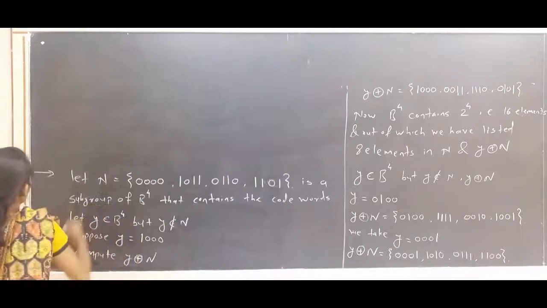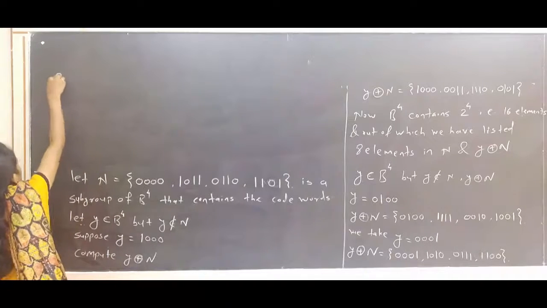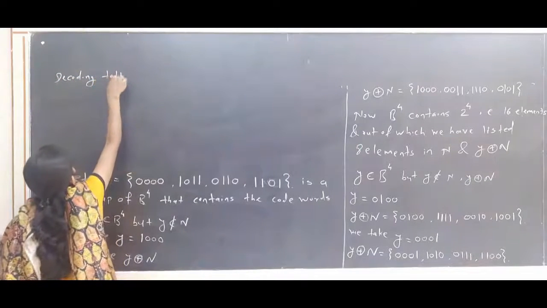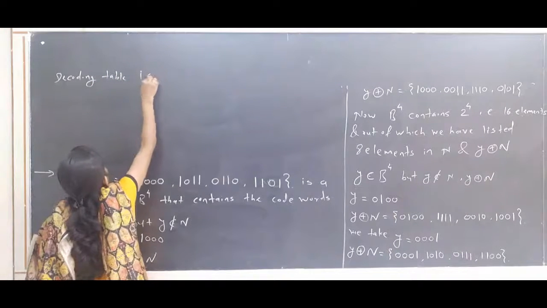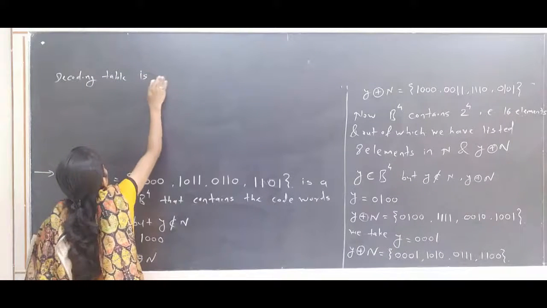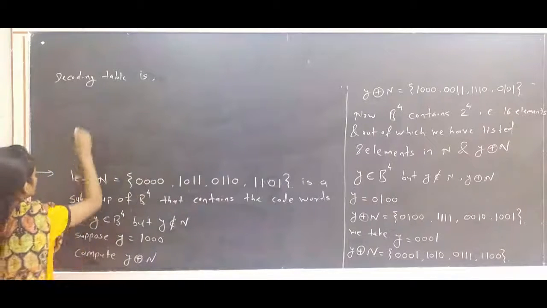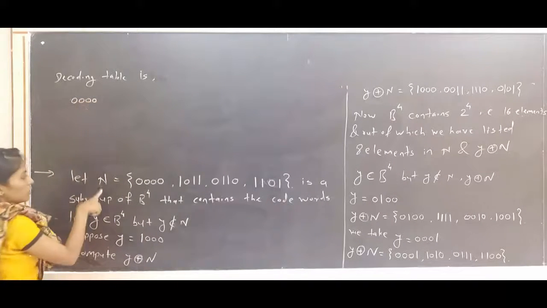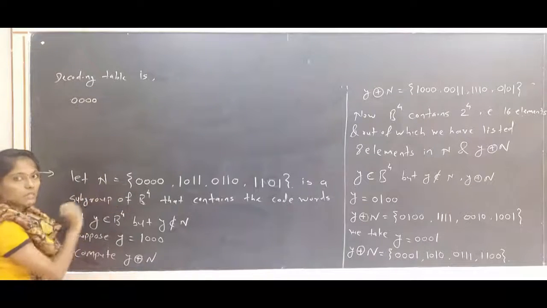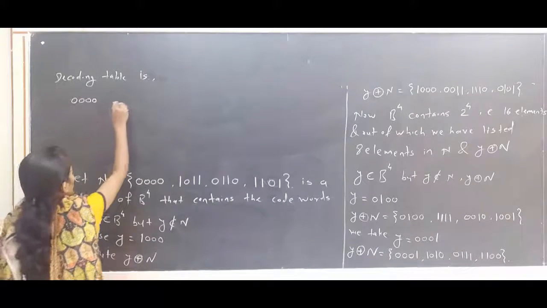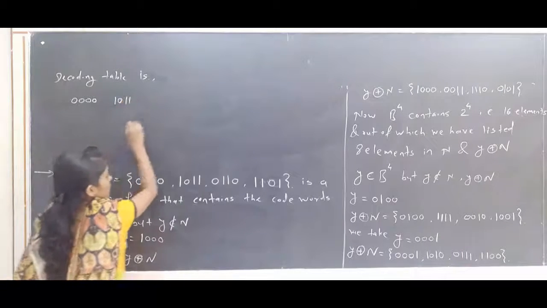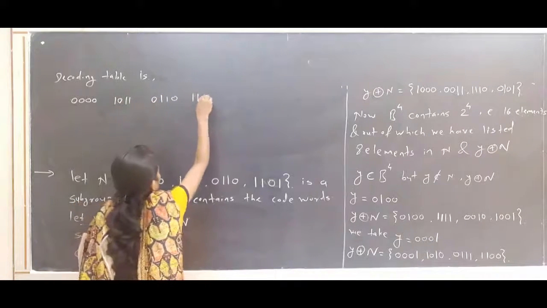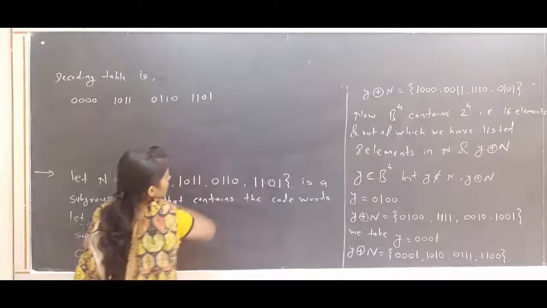So the decoding table is: in the table, this is the first row: 0 0 0 1 0 1 1, then 0 1 1 0 and 1 1 0 1, right?